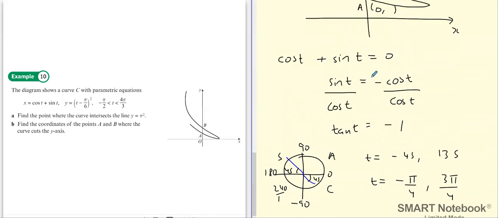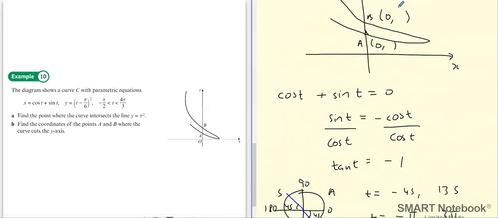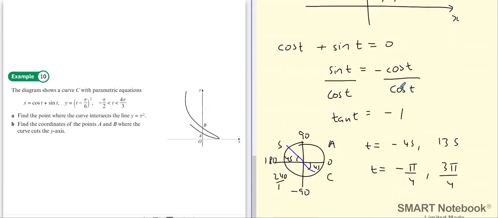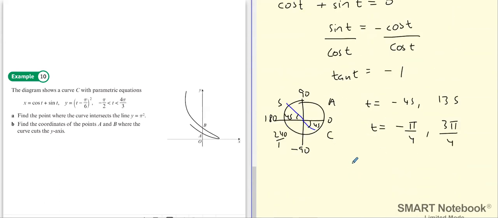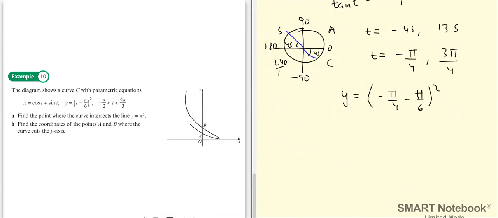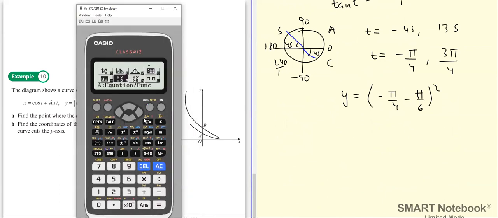Well, if we go up here to the curve, the y values are missing. So I now need to substitute these t values into the y value. So here we are going to do y equals minus pi over 4 minus pi over 6 squared. So let's just work that out.